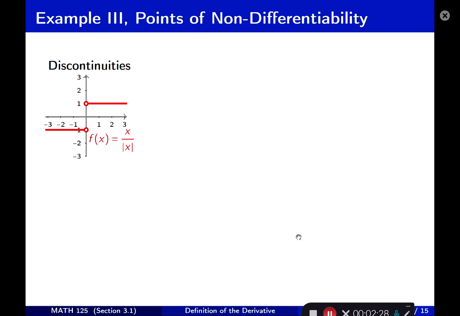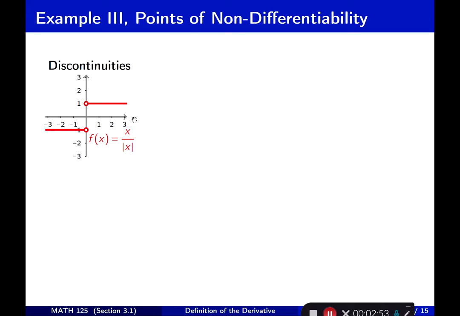So example 3, points of non-differentiability. What do they look like? We know that one type of non-differentiability is discontinuities. You can quite tell in here when the function is discontinuous, like this one, f of x equal to x over absolute value of x.